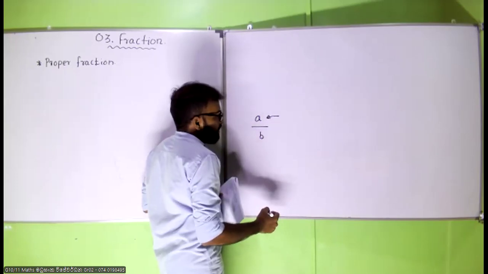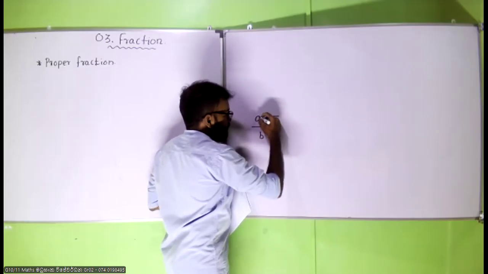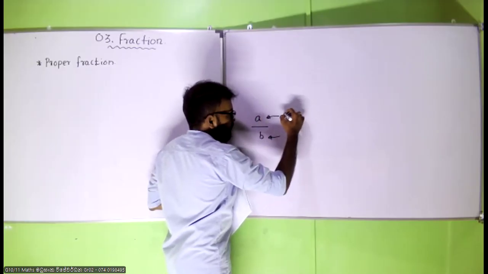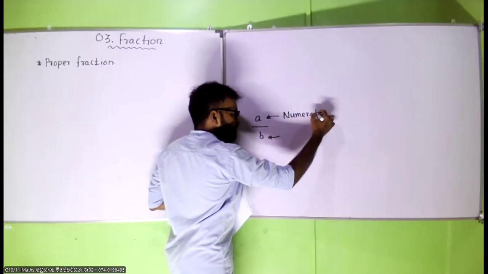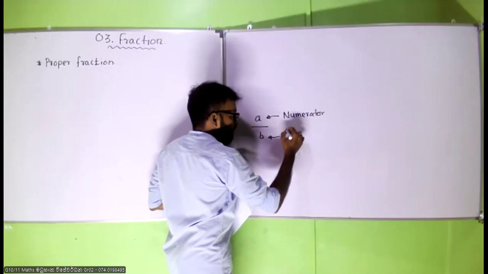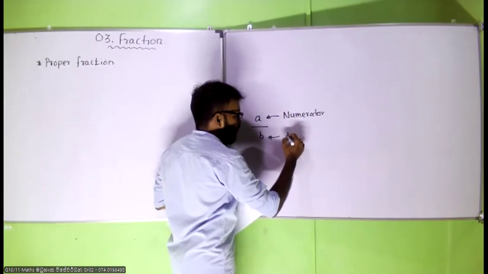The top part is called the numerator. You know this. The below part is called the denominator.